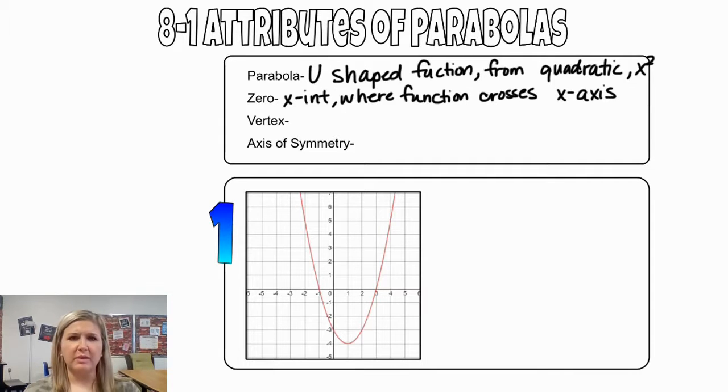This is a little bit different from the linear function, where we were way more concerned with the y-intercept. You may still be asked to identify the y-intercept, but the x-intercepts are huge when we talk about parabolas.